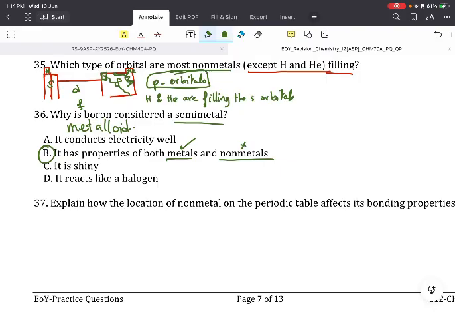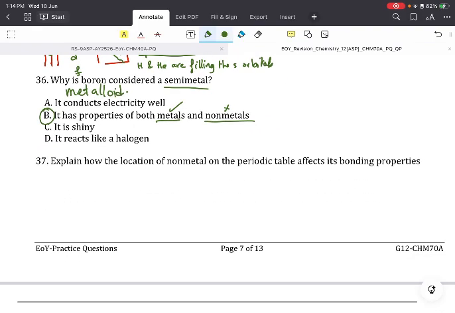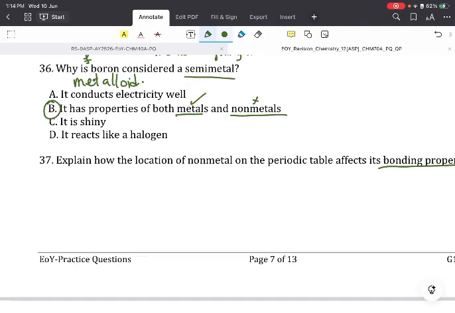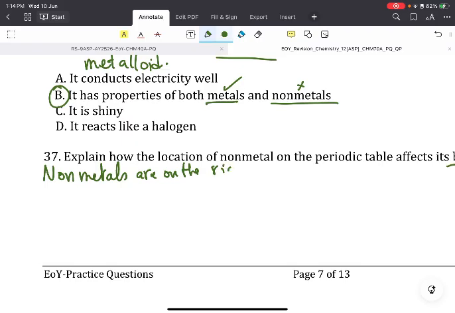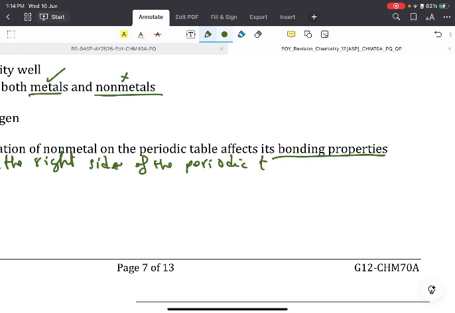Next, explain how the location of non-metals on the periodic table affects their bonding properties. Okay, so let's first locate the non-metals. The non-metals are on the right side of the periodic table.